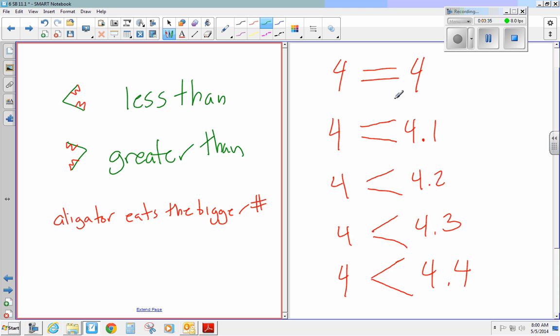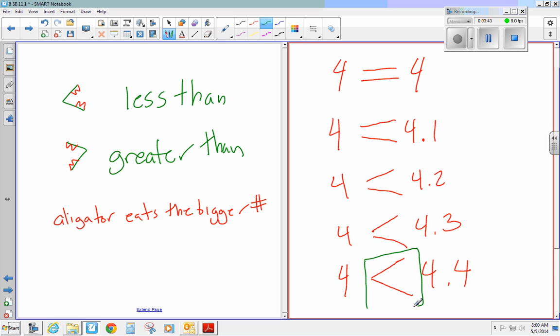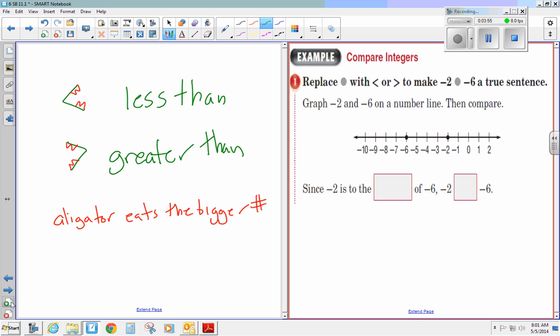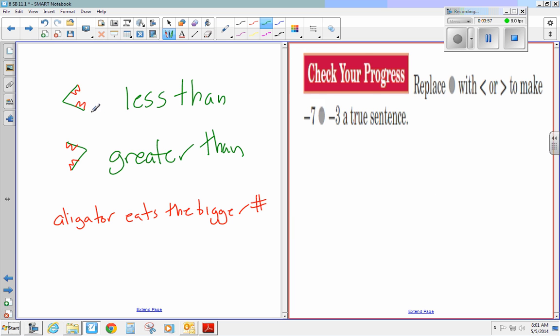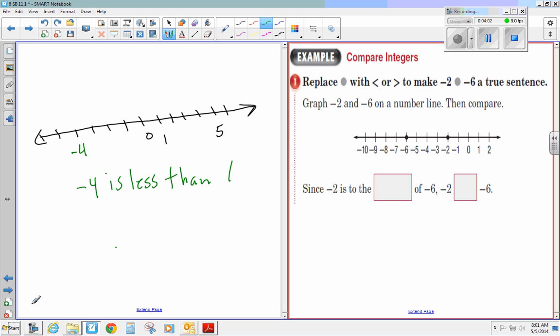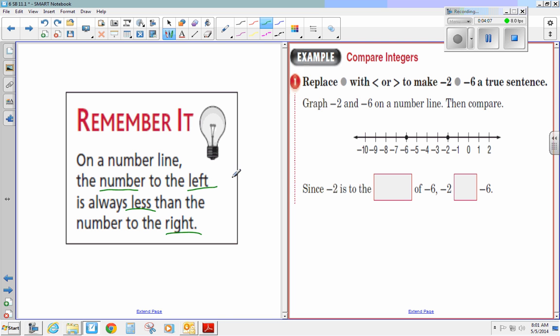It started as an equal to sign, and as the numbers got bigger and bigger, it got stretched until finally mathematicians said, hey, let's just use this as a symbol for less than, and if it's the other way, greater than. So looking at here, we need to think about this. Left is always less than.